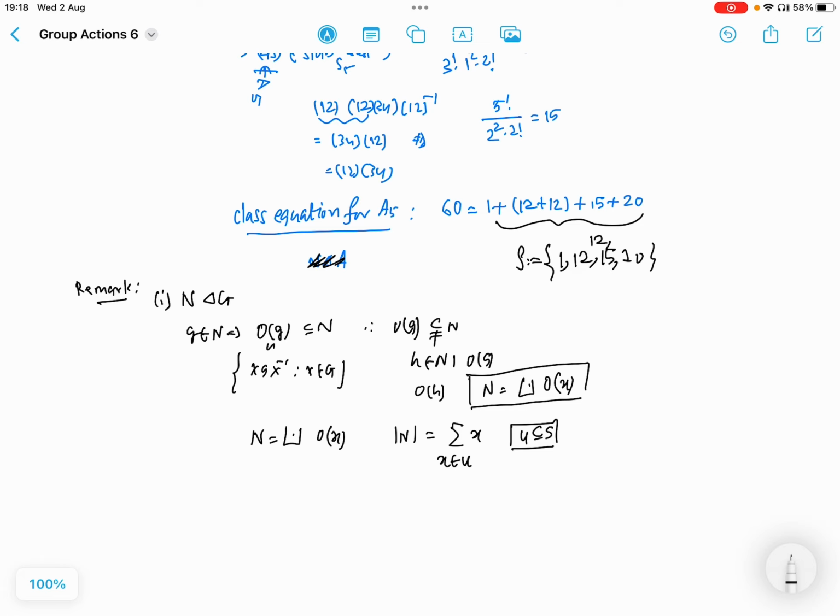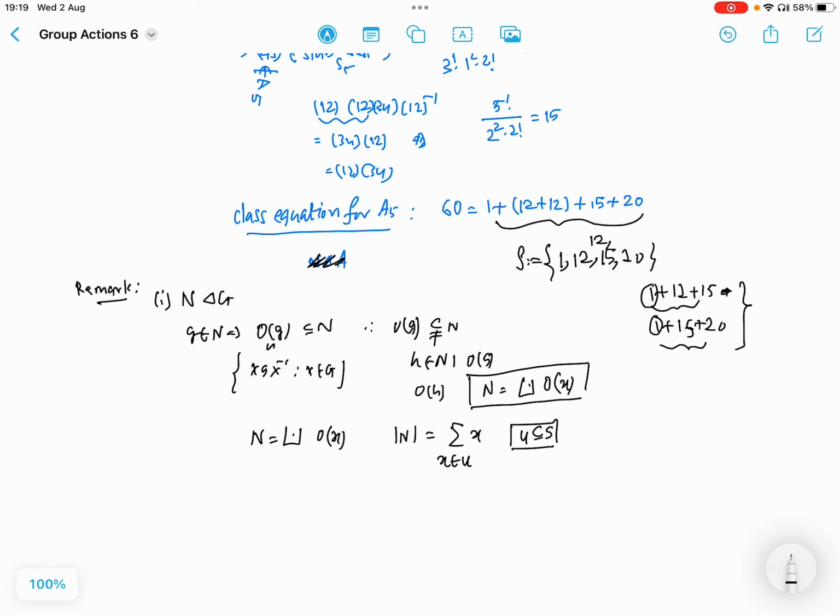For example, we are talking about sums where each of those elements can be taken exactly once, right? For example, this, or this. I'm talking about this type of sum, and the order of N should be of this form. And because N of course has the identity element, the element 1 has to be there.